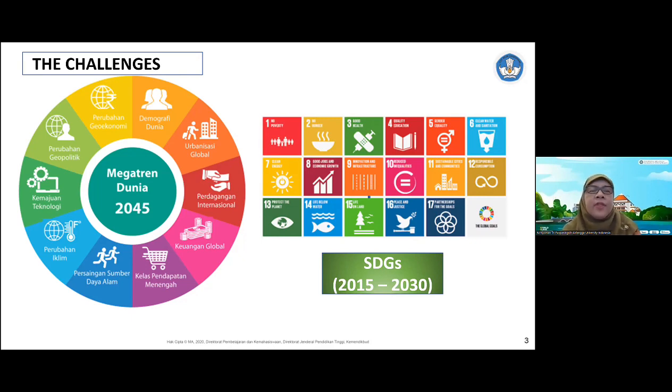When we move to the mega trend 2045, we can see there is so much we do with the circular economy. So in Indonesia, our Ministry of Education, Culture, Research and Technology has mandated this to all Indonesian universities, including Universitas Airlangga.